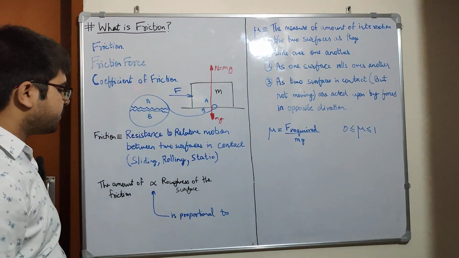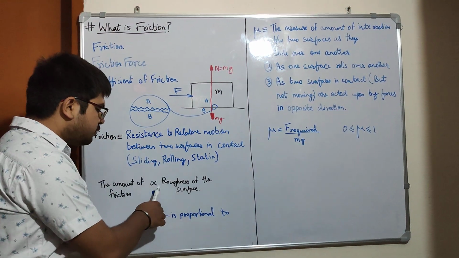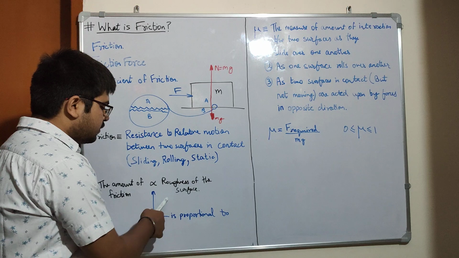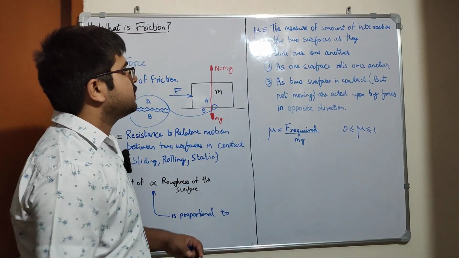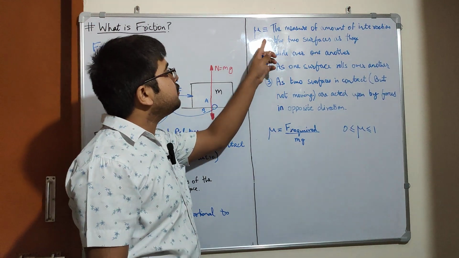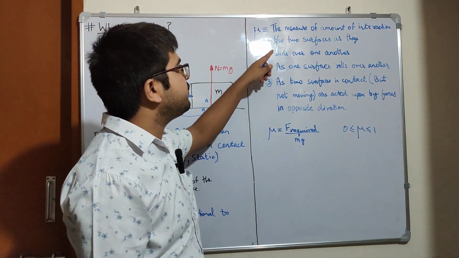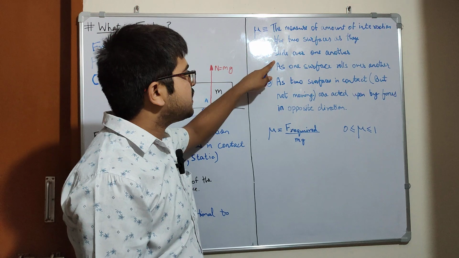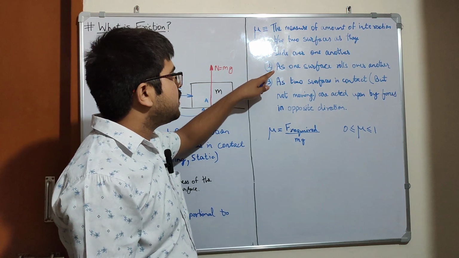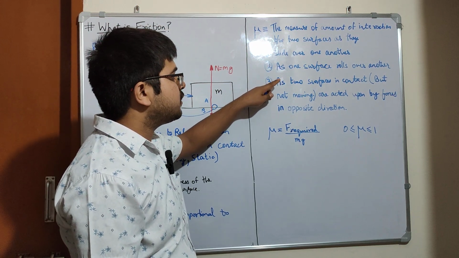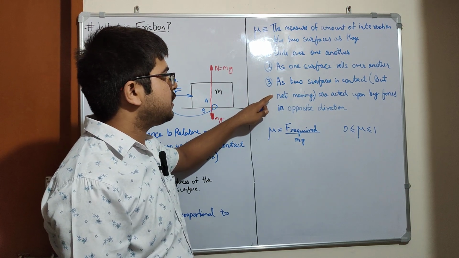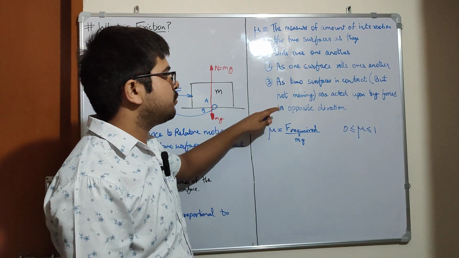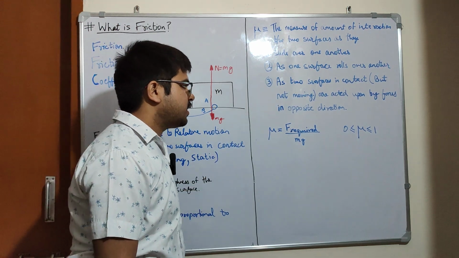So the constant of proportionality that is being used in this formula here is nu, and nu is the measure of the amount of interaction between two surfaces as they slide over one another, as one surface rolls over another, as two surfaces in contact but not moving are acted upon by forces in opposite direction.